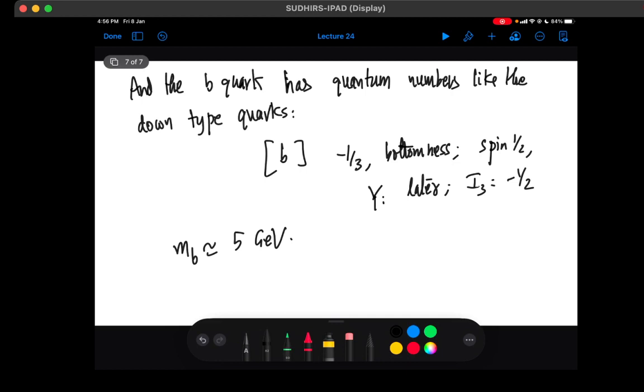The first GeV one we saw is the charm quark, which is around 1.2 GeV. The bottom quark is even heavier than the charm quark by roughly a factor of 4. m_b is around 4 times m_c, and of course it's much larger than m_s, much larger than m_u and m_d.